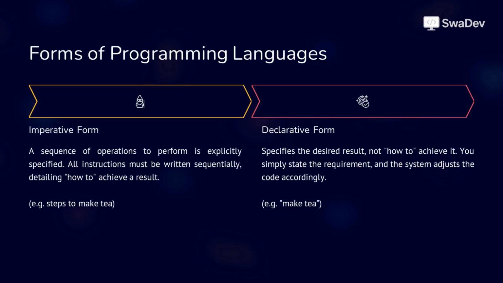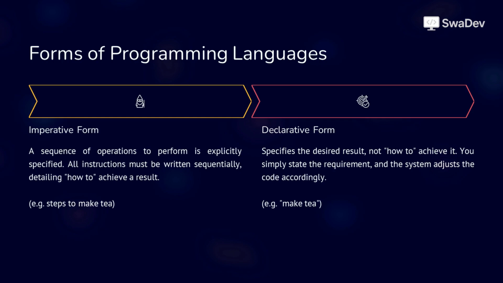There are two forms of programming languages: imperative form and declarative form. In the imperative form, you tell the computer every single step, like explaining how to make tea step by step. In the declarative form, we just say what we want, make tea, and the system figures out the steps for you.